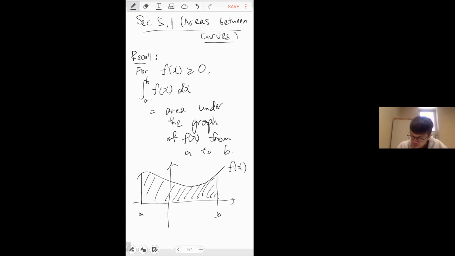And now the question is, if I give you two functions and I want you to find the area between those two functions, what do we do? Here's the following situation. We want to find the area between two functions f of x and g of x.